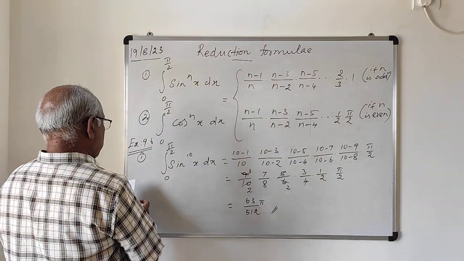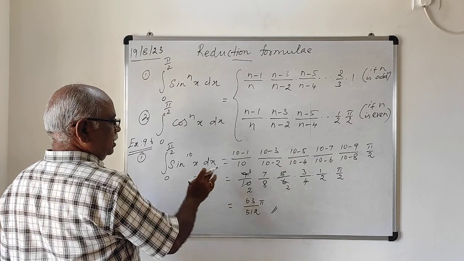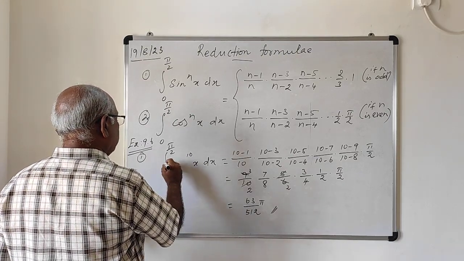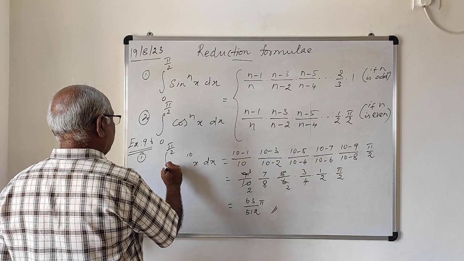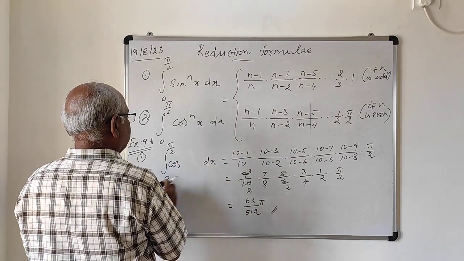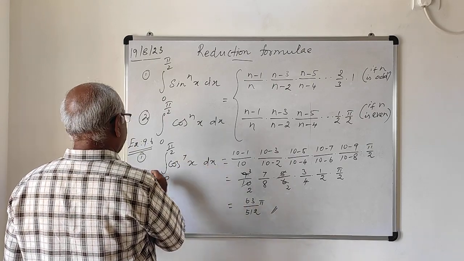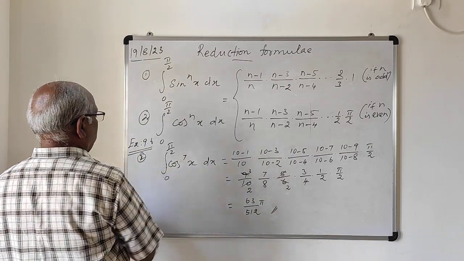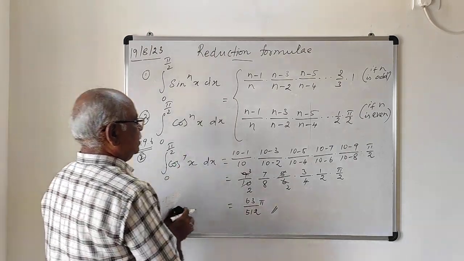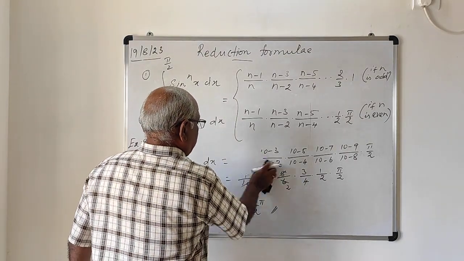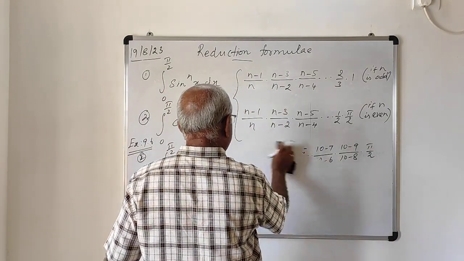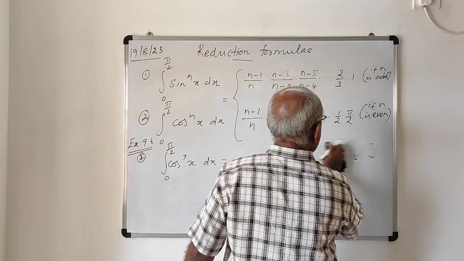Now I am going to solve another sum. Consider the problem: the integral of cos^7 x dx. In this second problem, n is 7, so straight away you can write n minus 1.